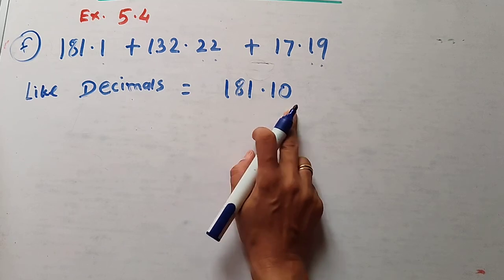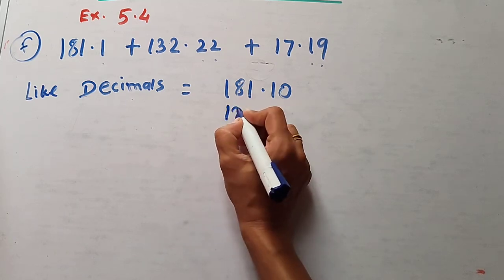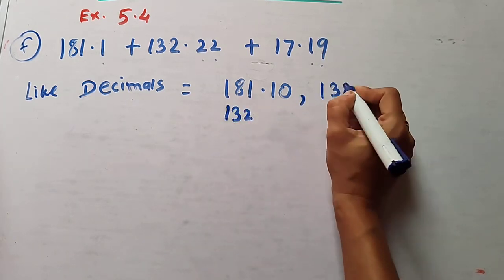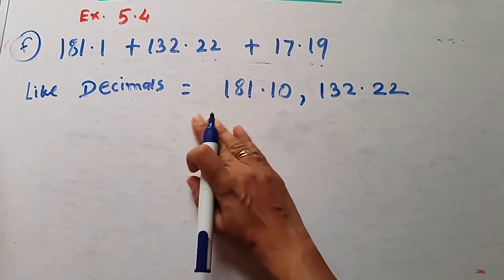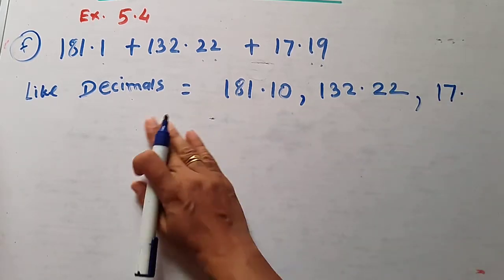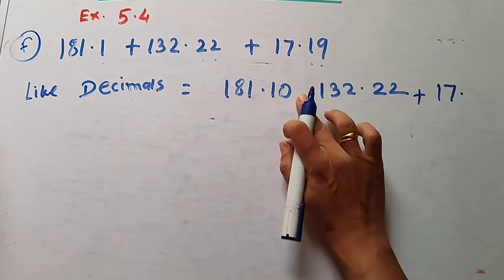Now we get 2 digits after the decimal point. 132.22. Then next 17.9, and after the decimal point we add a 0.